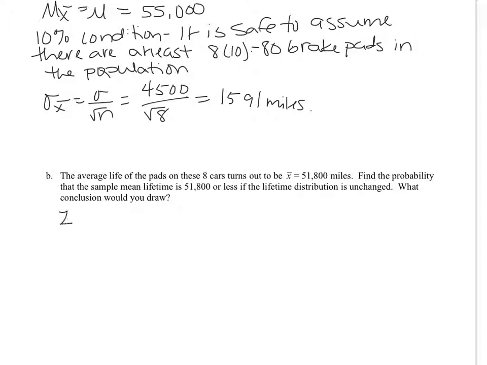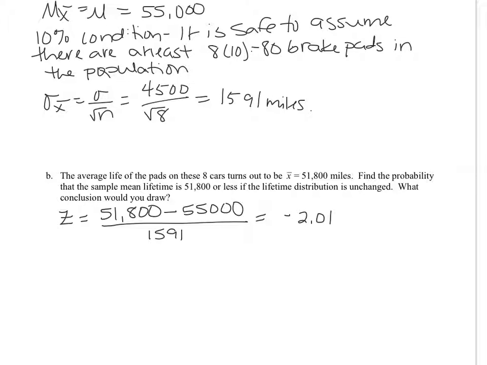First let's find the z-score, which is 51,800 minus 55,000 from above divided by 1,591 from above. And that gives us a z-score of negative 2.01.